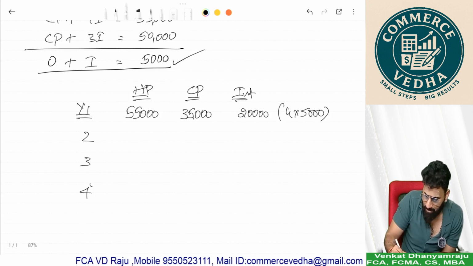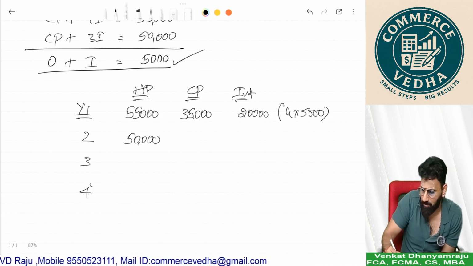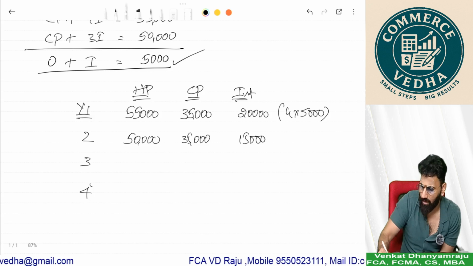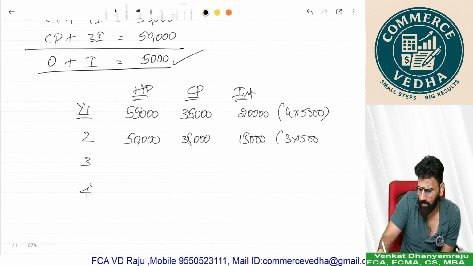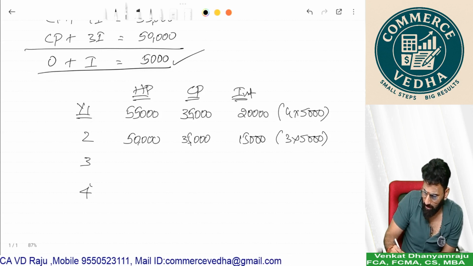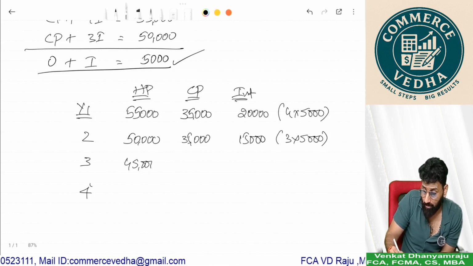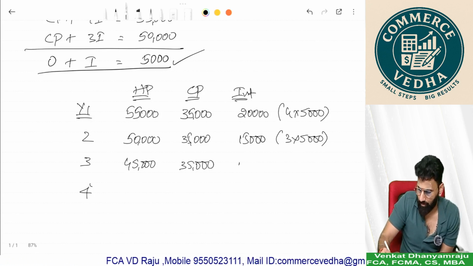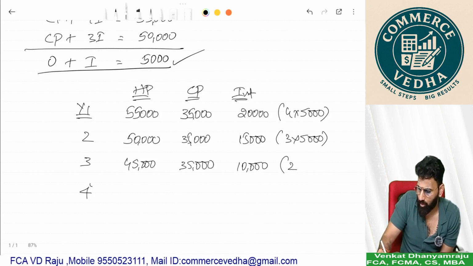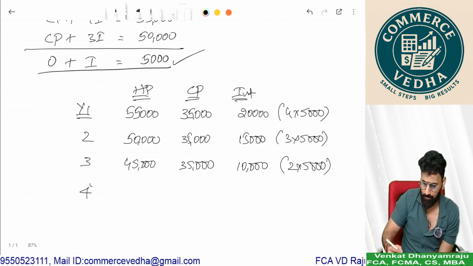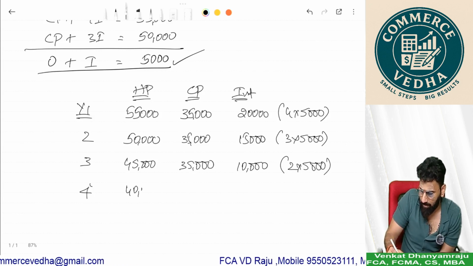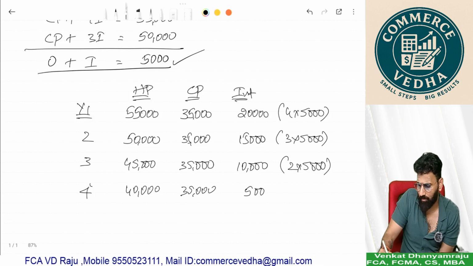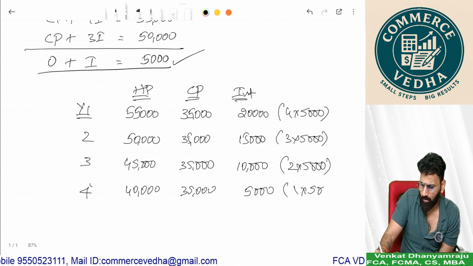Year 2: 50,000, same cash price 35, so interest 15,000, which is 3 into 5,000. Third year: 45,000, same cash price, so interest 10,000, which is 2 into 5,000. Fourth year: 40,000, cash price same, interest 5,000, which is 1 into 5,000.